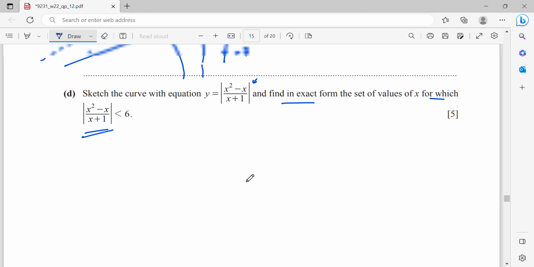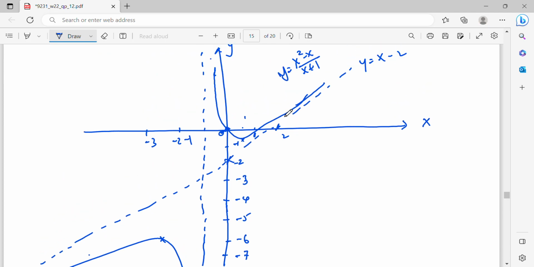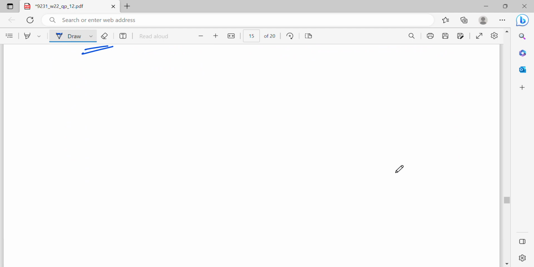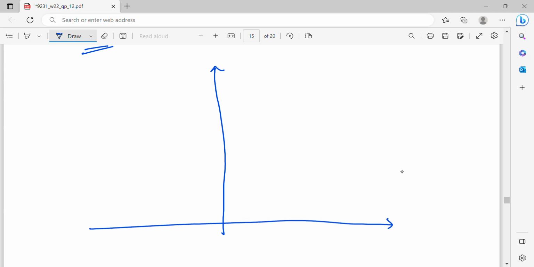So what we do here is we just recopy the graph, but all the negative parts you have to reflect, right? Which means you need to redraw the graph. And now no more negative because of absolute value. And I still draw y equals x minus 2.